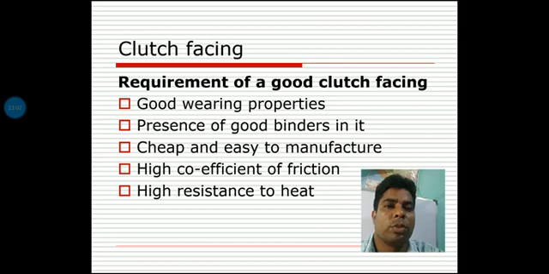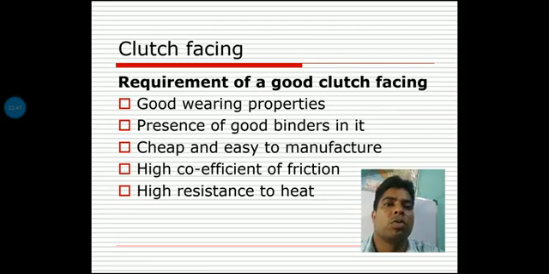Now point number three, cheap and easy to manufacture. Obviously, the costing of material should be considered. Otherwise, if costing is too much, it cannot be designed perfectly. The costing should be calculated for the design of any product, and material composition, material properties, material combination, mixing conditions, etc. should be considered for the manufacturer.